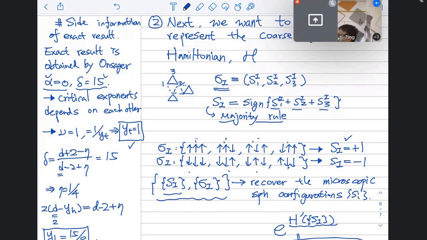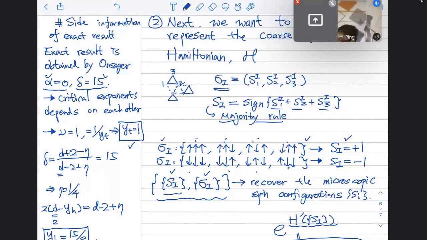One is the block spin S_I, capital I, and the other is the more microscopic configurations within each triangle, which is represented by the sigma I. Basically, sigma I will have 8 configurations that are all listed right here, and 4 of them will correspond to the block spin that has +1, and 4 the block spin that has -1.